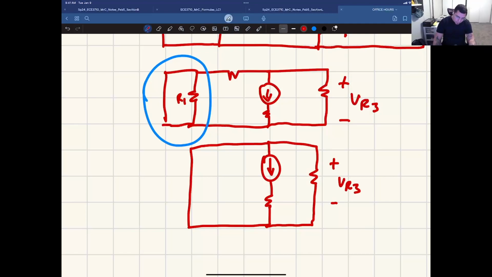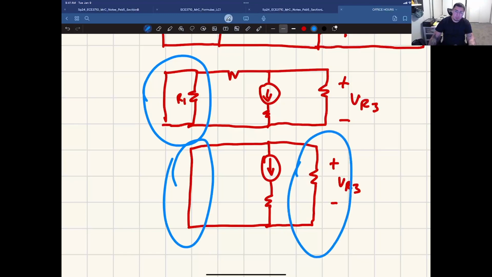This is quite interesting. What do you notice about this wire and this resistor? They're in parallel to each other. They have the same common top and the same common bottom node. So you can replace R3 as a wire, which means it has no voltage across it.